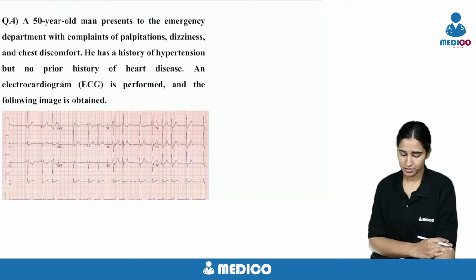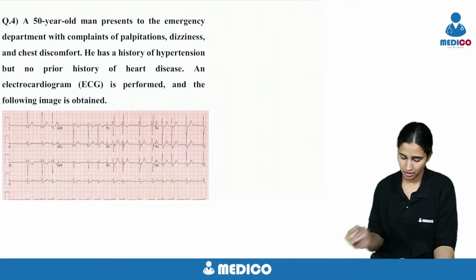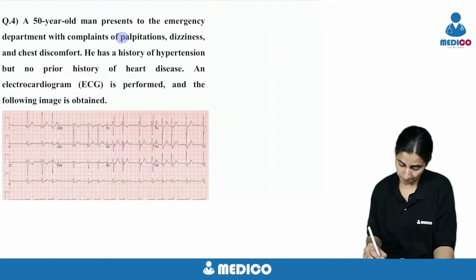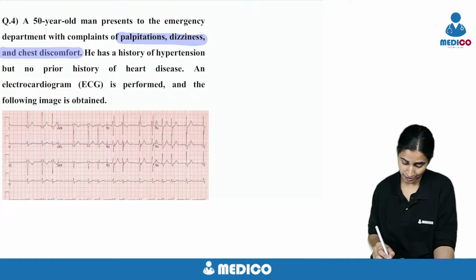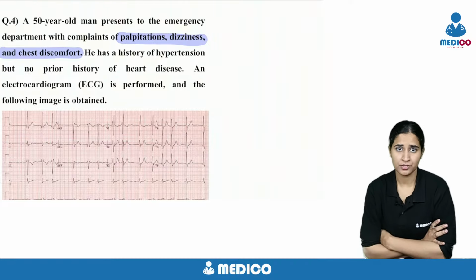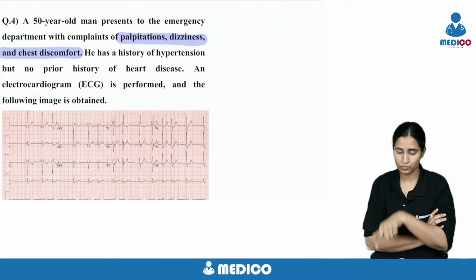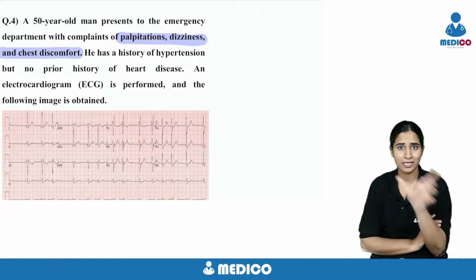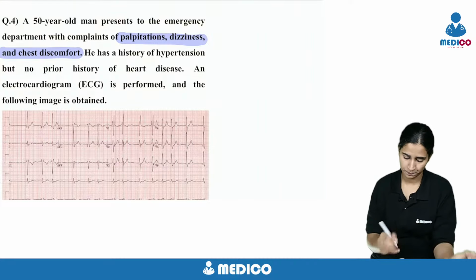Coming to the next question, it's a 50-year-old male. He came to the emergency department with complaints of palpitations, dizziness and chest discomfort. So whenever a patient is complaining of palpitations, what do you think? It's very important because one of the clues in the exam for you is palpitation. Not only in the exam, even in the patient, it's the clue.